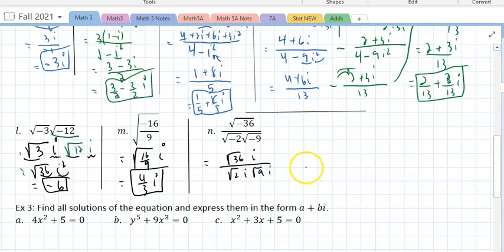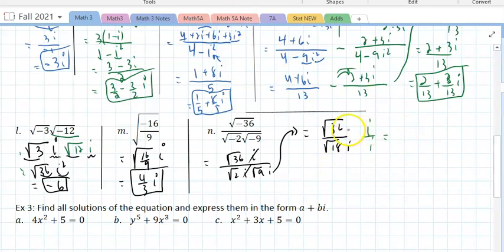So a couple of ways you could do this. You could cancel those i's. One option is to say, you know what, that's the square root of 36 over square root of 18 I. Rationalize.